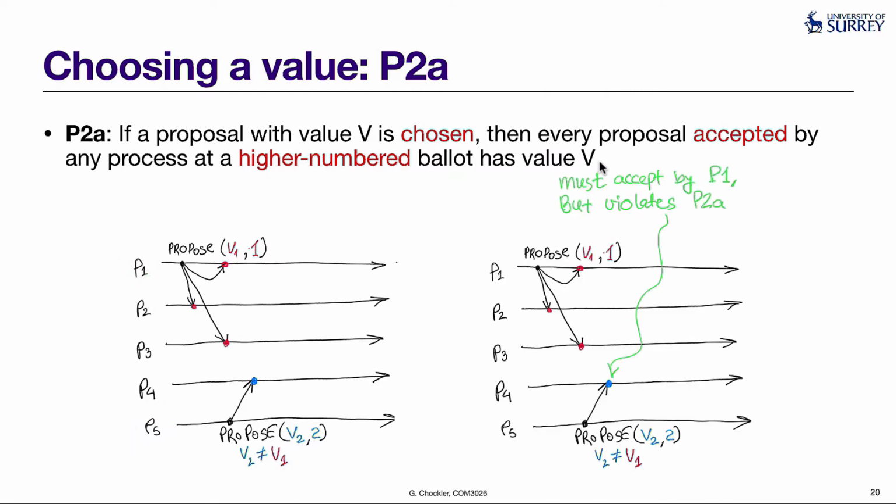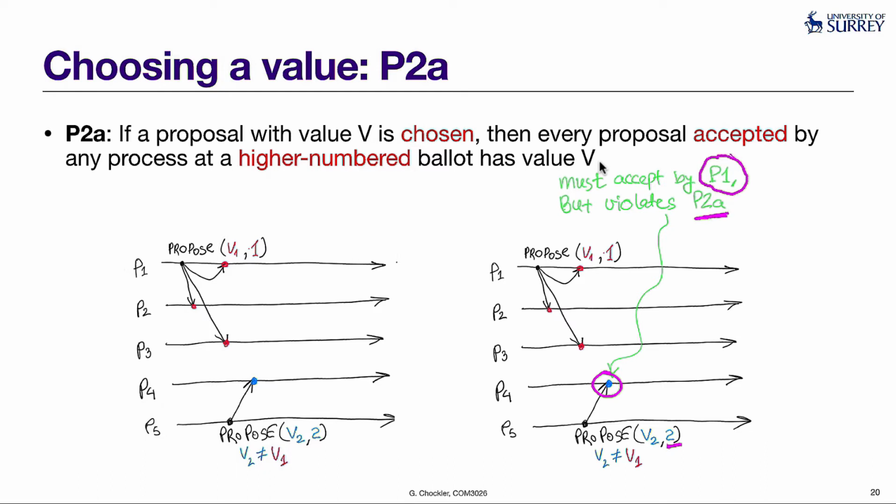Because of P1, and this is the first value that P4 has ever seen, P4 must accept this value. So it will accept the blue value, and this blue value has a higher ballot number 2. And we end up in the situation that we violate P2A.